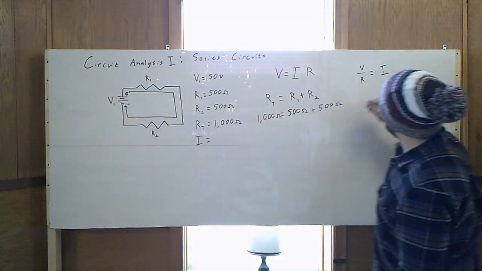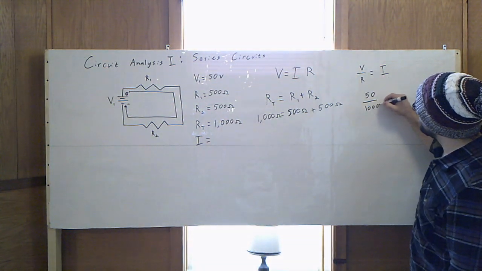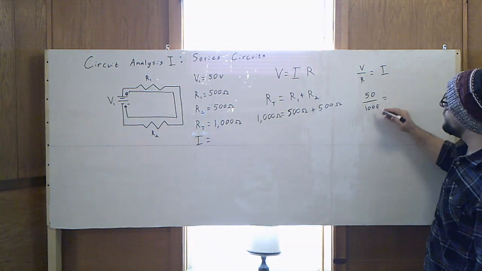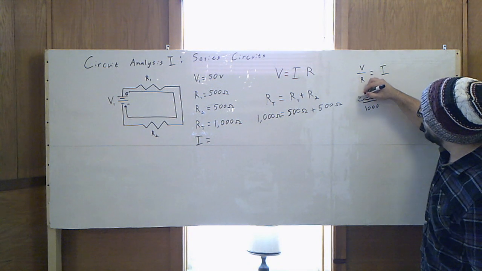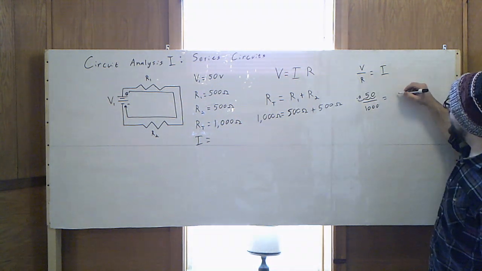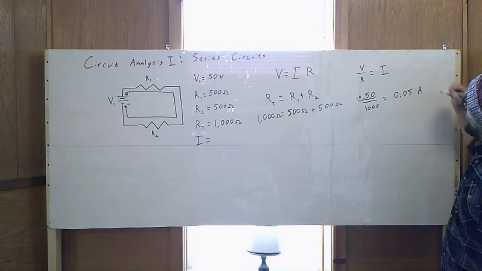My voltage of 50 divided by 1,000, and that should be simple enough to do in our heads because dividing by 1,000 is just going to move that decimal place 1, 2, 3 places. So I'm going to have 0.05 amps.